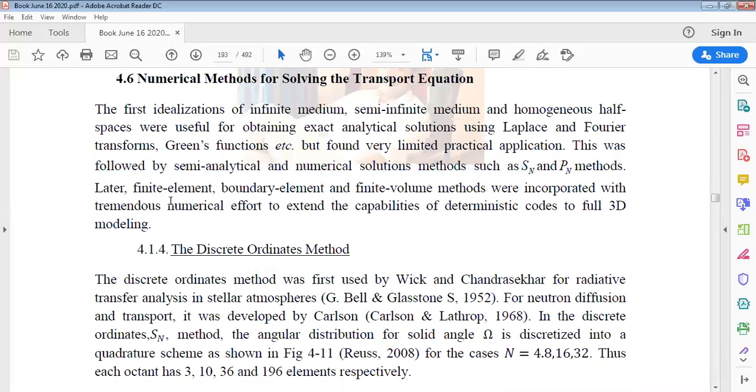And then later, so these were the legacy, the old methods, 60s and 70s, and later finite element, boundary element, finite volume methods were incorporated with tremendous numerical effort to extend the capabilities of deterministic codes to full 3D modeling.